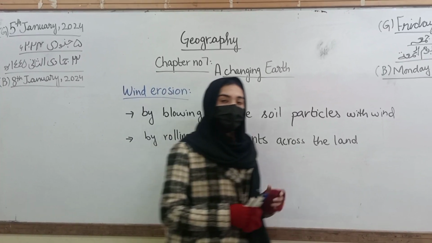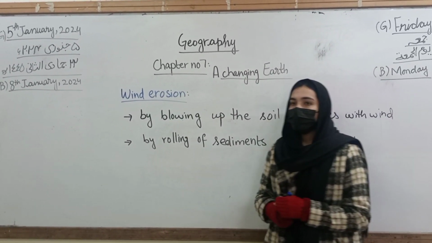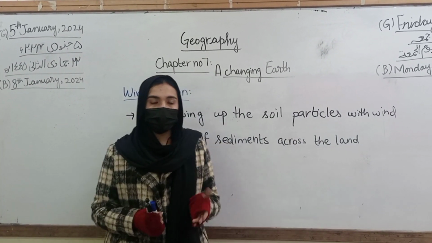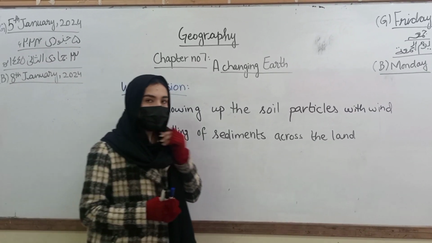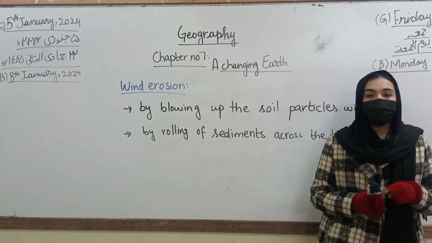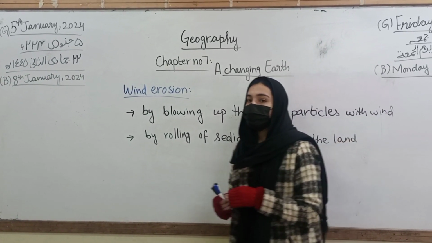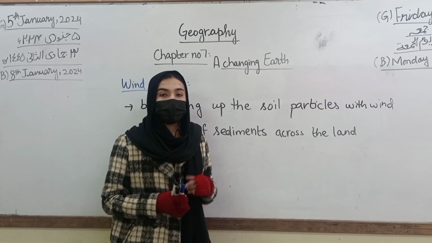Wind can even shape solid rock as well. How can you consider it? That the solid rock which is tough, how can it be eroded? Yes, think about it. Good, good. Make more effort. Yes, very nice.